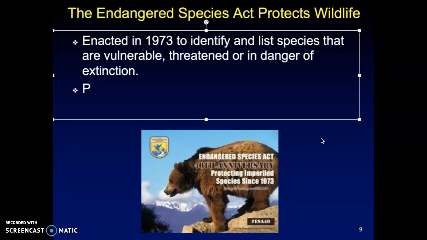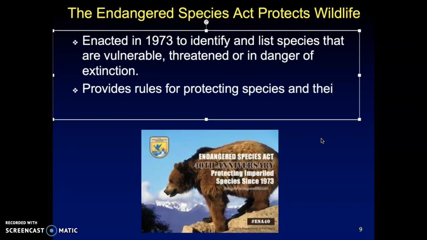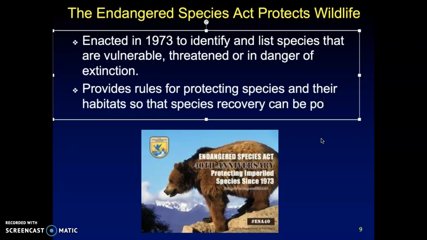What this act does is it provides the rules for protecting species and their habitats so that species recovery can be possible.